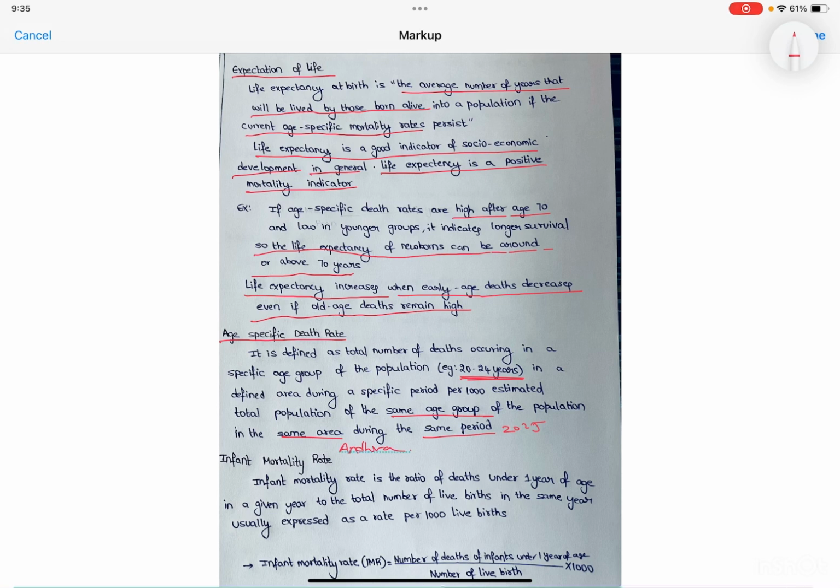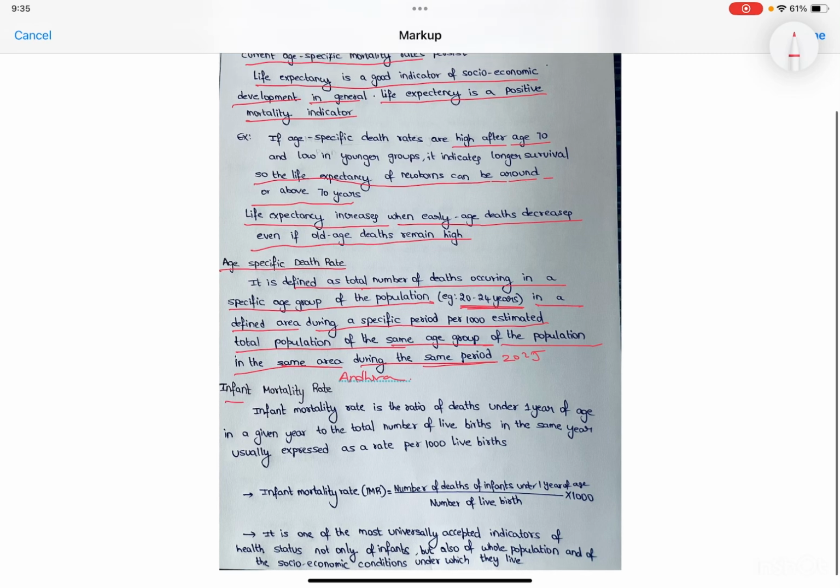The age specific death rate is defined as the total number of deaths occurring in a specific age group of population in a defined area during a specific period, per thousand estimated total population of the same age group in the same area during the same period.